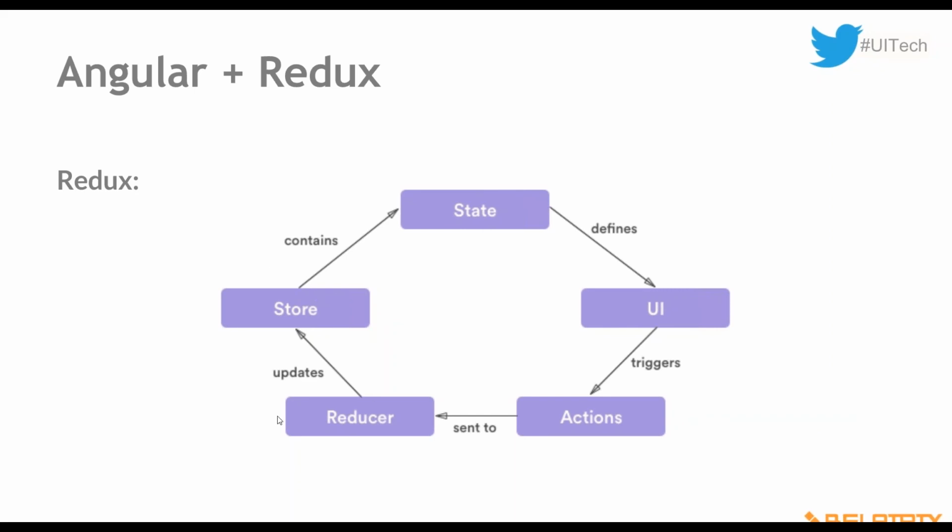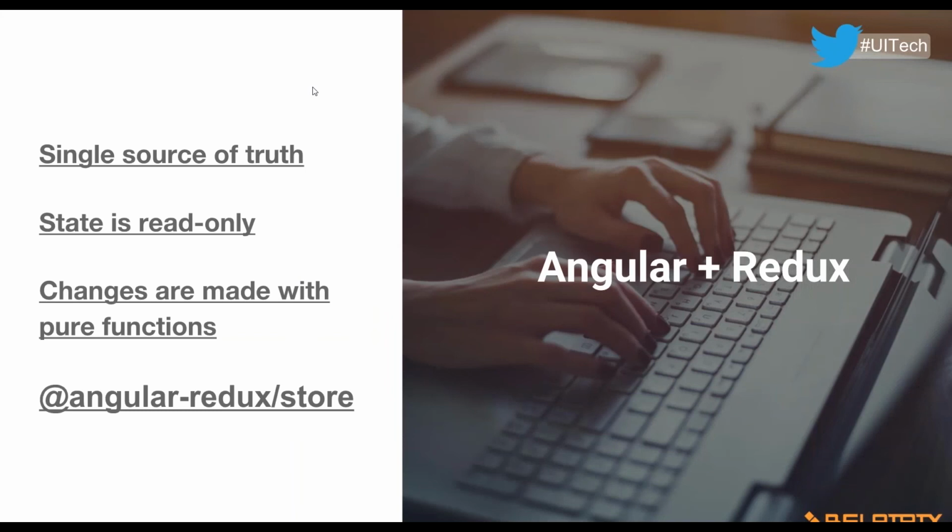So the main concepts of Redux are single source of truth. This means that you should have only one store and state, so you can trust that source of information. Then the state is read-only.